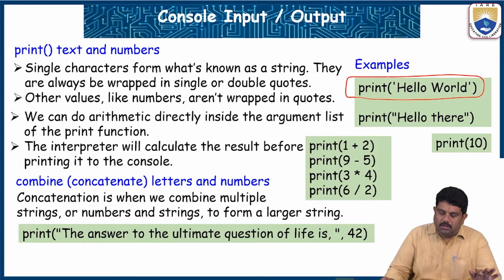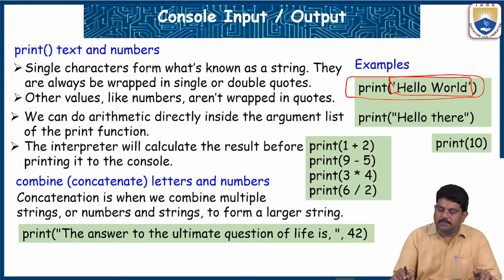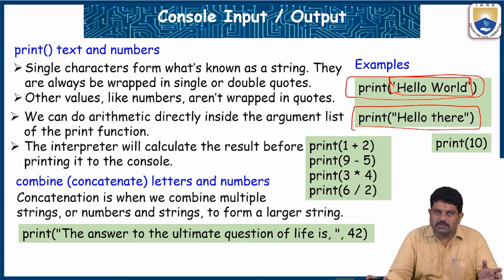Here I am printing hello world, which is a sentence, and I am passing it in single quotes. In another example, I am passing hello, a string, in double quotes. Both are correct. There is nothing wrong in that.